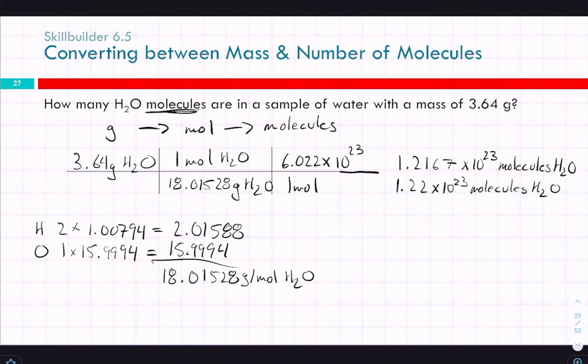So if I have 1.22 times 10 to the 23 molecules of water, it's just double. There are 2 atoms of hydrogen for every 1 molecule of water, so this would be 2.44 times 10 to the 23 atoms of hydrogen. And the atoms of oxygen would be the same, because there's only 1 atom of oxygen for every molecule of water.